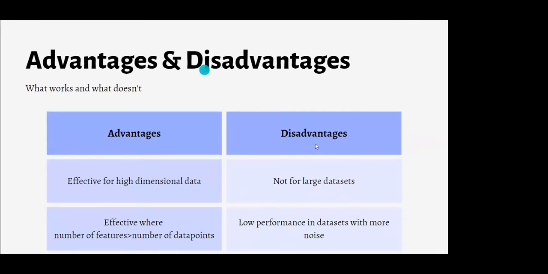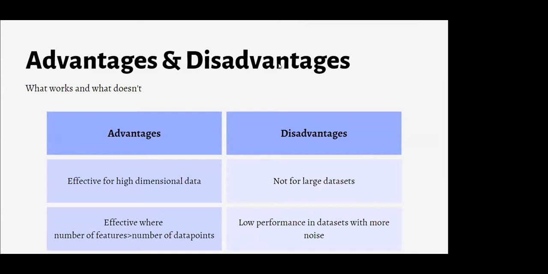Talking about the advantages and disadvantages of SVM, one of the main reasons why we use SVM is because it can do classification and regression on both linear and non-linear data. The second reason is that it's effective for higher dimensional data.